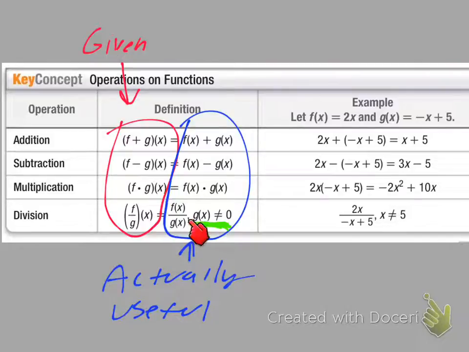The useful stuff is f of x over g of x. g of x cannot equal 0. Why would they put in there that g of x cannot equal 0? Because you can't divide by 0. You've known that for a long time.